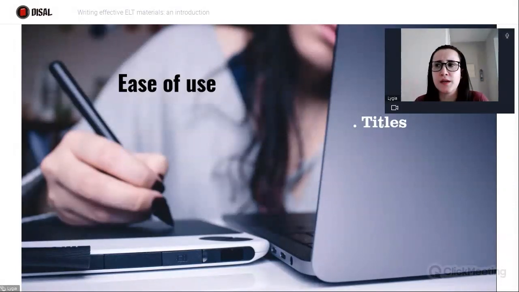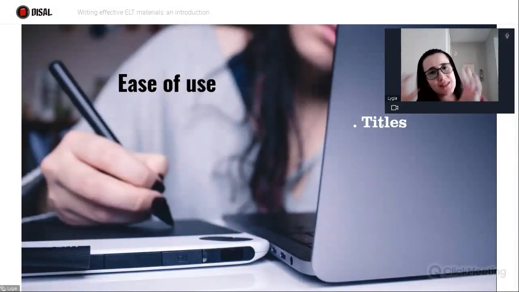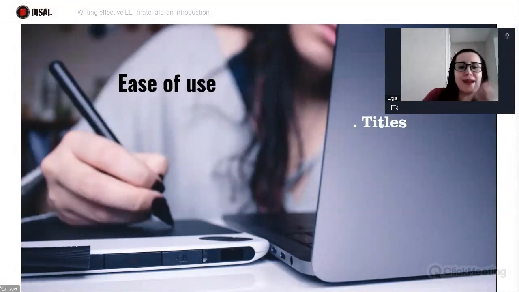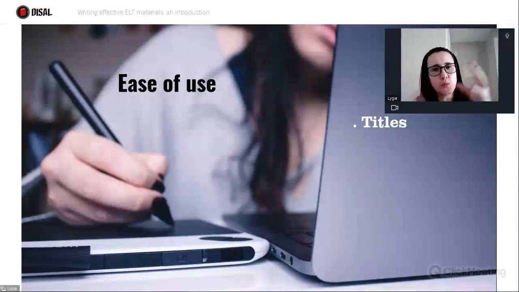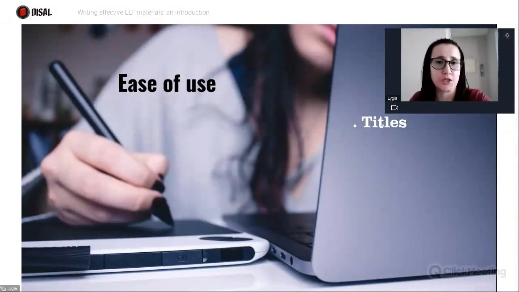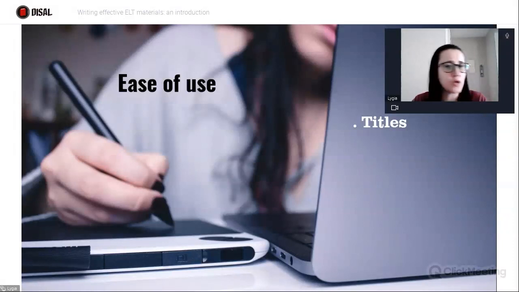For instance, family or free time activities, and also some headings or subheadings for the different sections on our worksheet so that we break up the activities into more manageable sections. And these headings can be something along these lines of vocabulary, listening, grammar, very useful for everyone, and they make our materials much easier to follow.